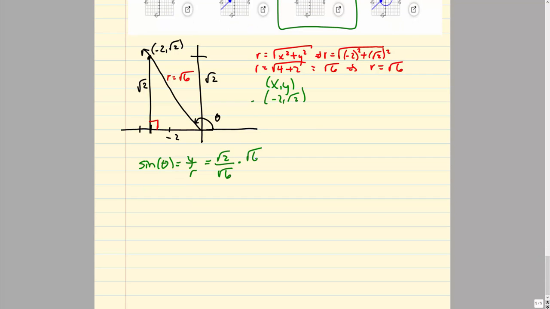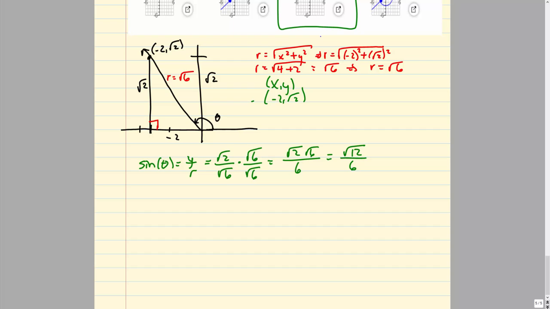We usually rationalize this. So I'm going to multiply top and bottom by the radical. So I'll have root 2 root 6 over root 6 times root 6 is the square root of 36, and the square root of 36 is 6. So you just get the radicand back. So root 2 times root 6 is root 12 over 6.